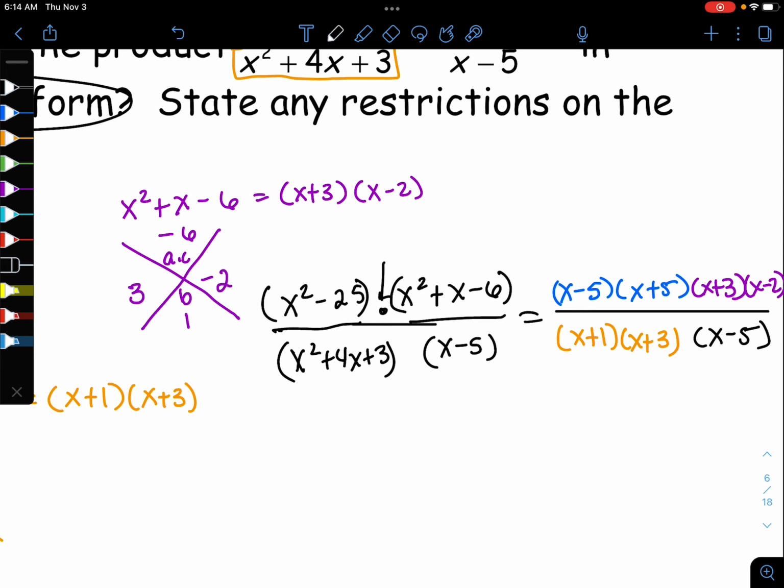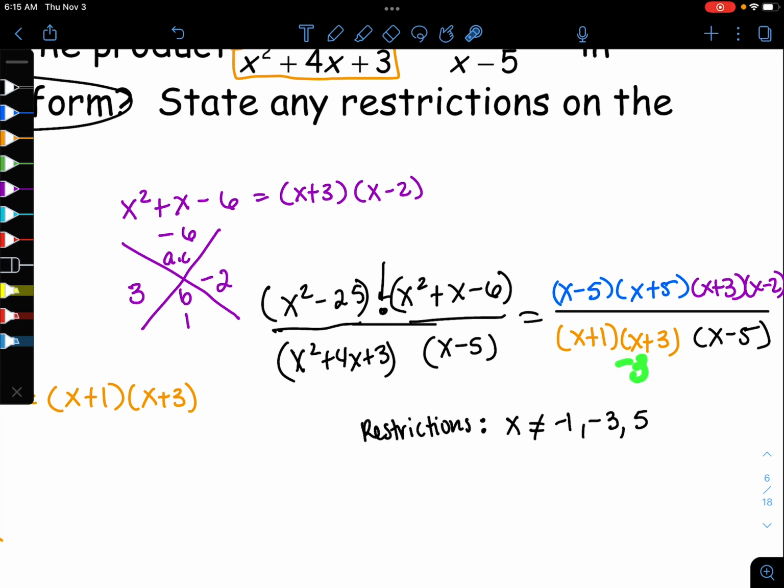So restrictions, x can't be -1, -3, and 5, because if this was -1, this whole thing would become 0.